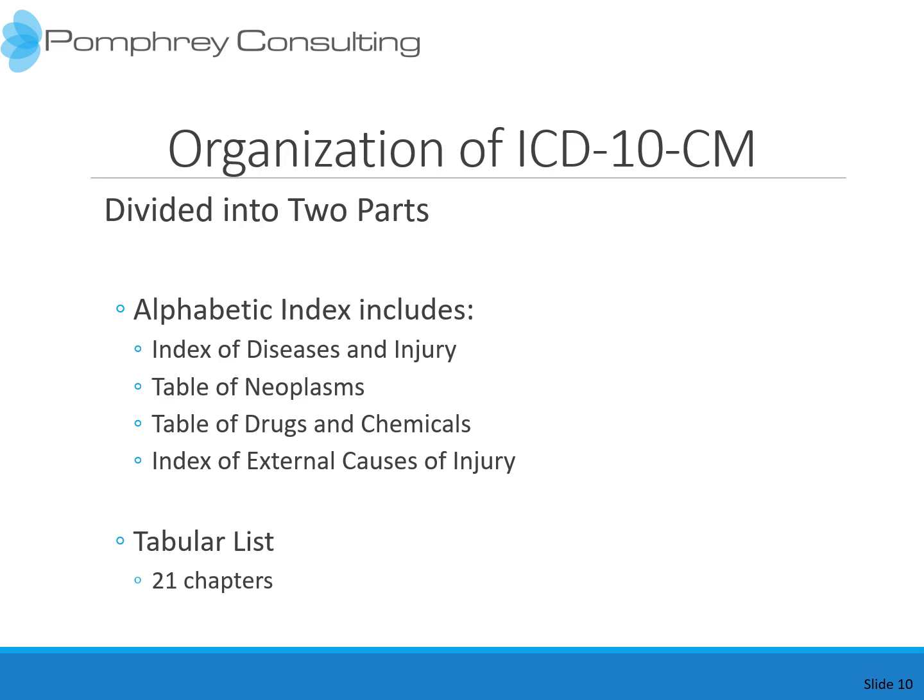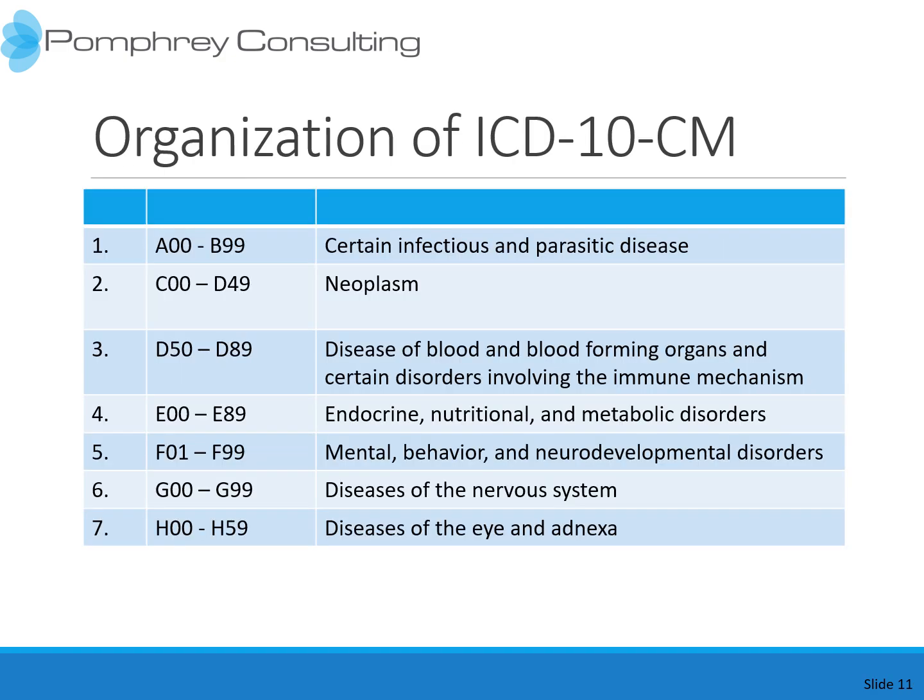Okay, so remember I mentioned earlier that categories are the first 3 characters of the code, and that lets you know where you are as far as the body system as well as what that condition is. The categories are going to be divided into the following organization within the code book.